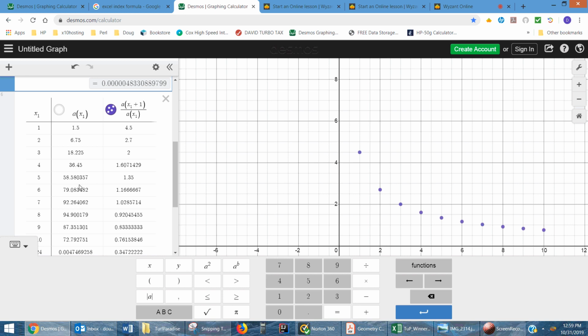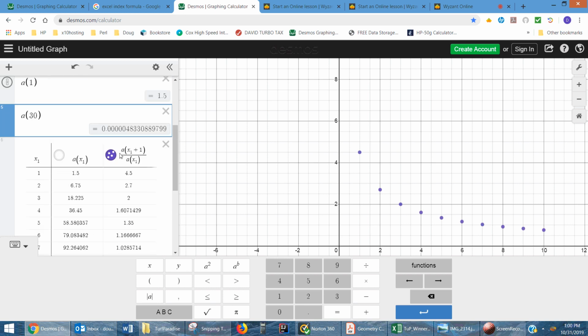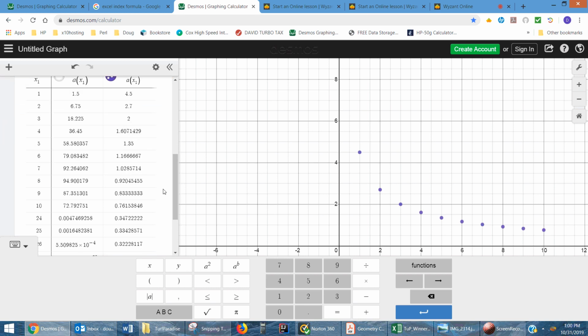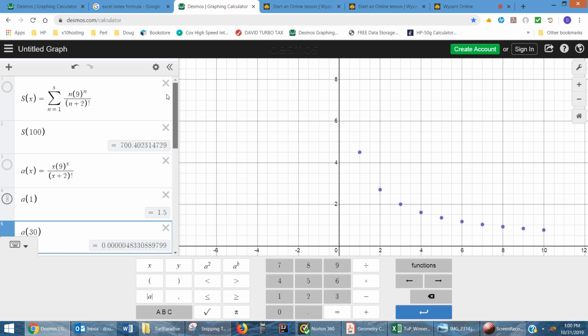Here's the terms of the sequence. When I do the summation, I'm actually adding these terms together. And as you can see, the ratio between one term and the term before it, you can see how it's getting smaller and smaller. Okay, so that's kind of a proof of the ratio test.